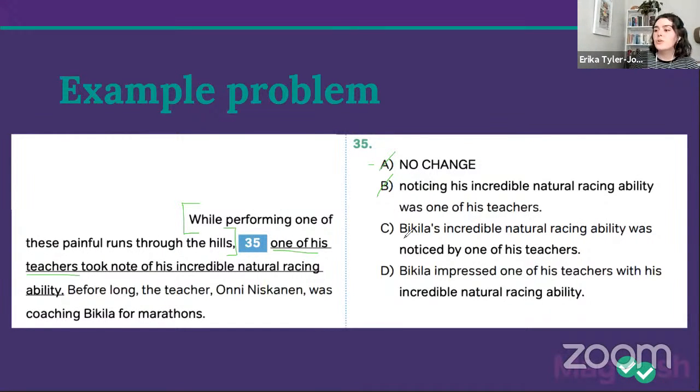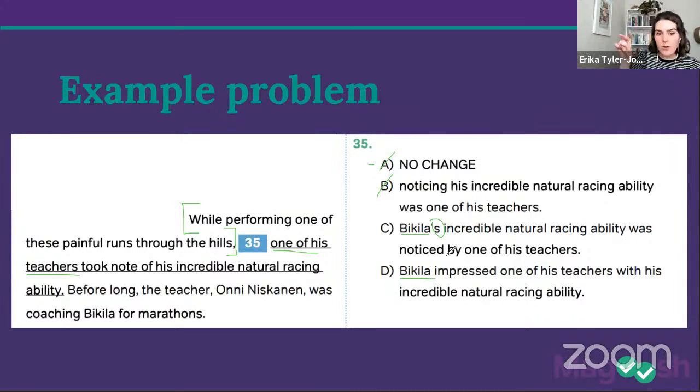So again, I'm leaning toward C and D because they both start with Bakila. But how do I tell the difference between C and D? I saw that most people picked D. Why not C? I'm going to tell you why. Because Bakila's, oh, this isn't a noun.